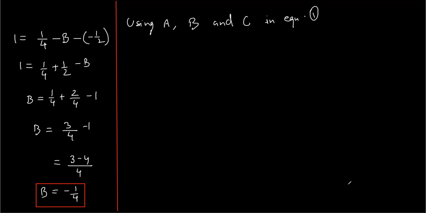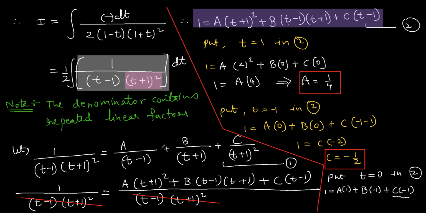So what was that equation? If you check, it was the one where you assumed the possibility of three constants A, B, and C such that this fraction could be resolved into more than one fraction. Okay, so equation 1 is a very important equation. So now I'll substitute the values of A, B, and C here.